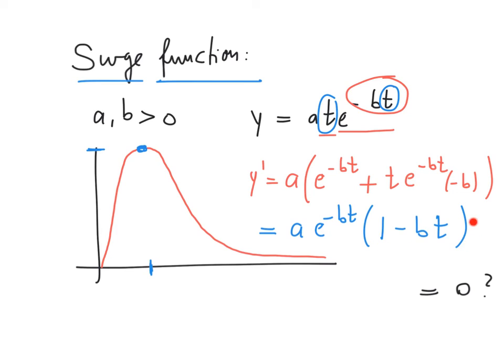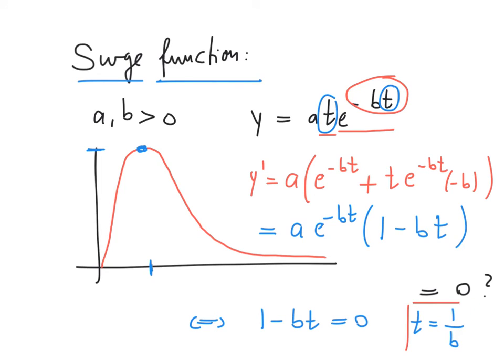So the only thing that could make the whole term 0 is the term in the parenthesis, 1 minus bt. So this is 0 if and only if 1 minus bt is equal to 0. And that's the case exactly when t is equal to 1 over b.